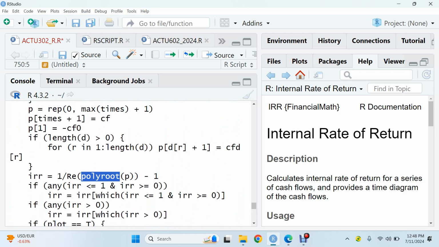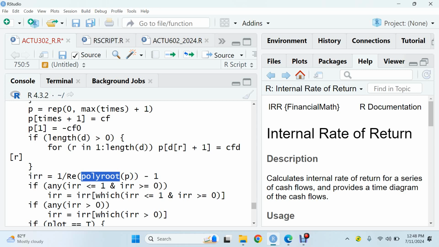The longer the cash flow, the more polynomial terms you get, because the discount factor will be raised to the power of the time as you move on. So if it is 10 years, it means you are solving a polynomial with x to the power 10. If it goes to 100 years, then you have even more. And the higher the power of the polynomial, the more roots you have. So that's why it is called polyroot and so forth.